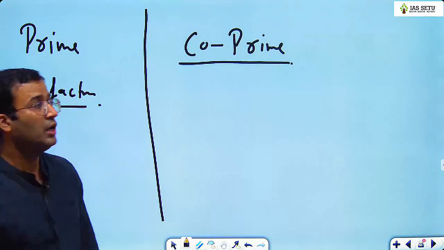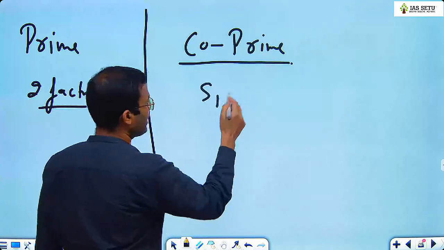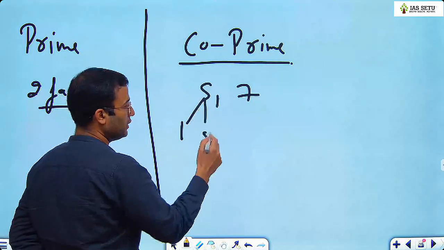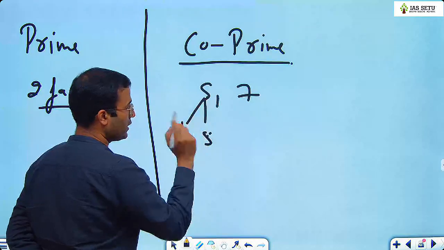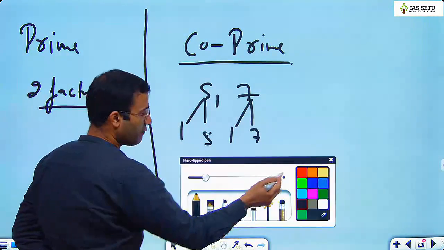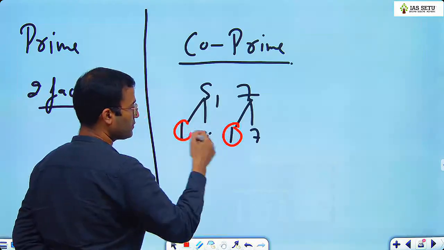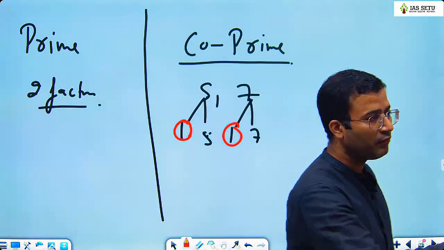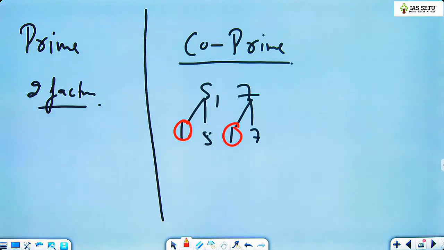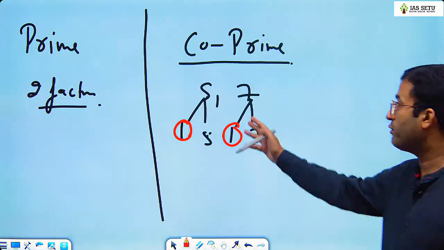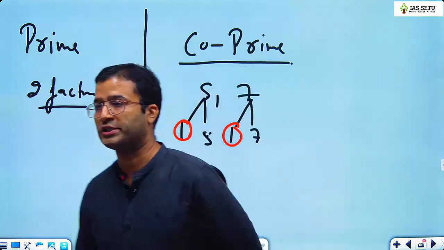If it is a committed couple like 5 and 7, they have one common relation, they love themselves. 5 loves himself and one, 7 loves himself and one. So they have one common relationship. They have only one as a common factor, so 5 and 7 are co-prime to each other.